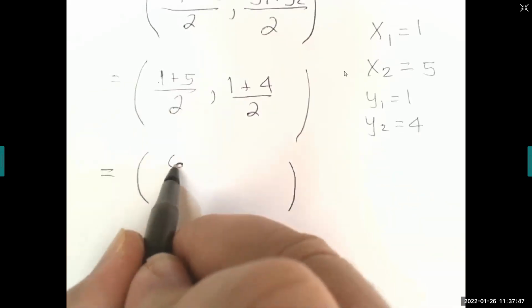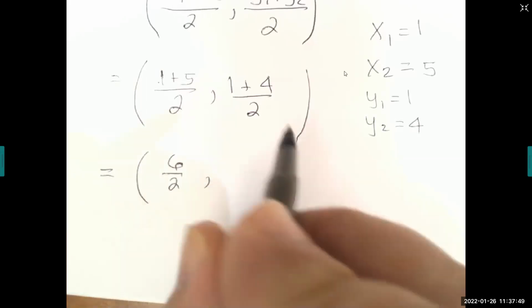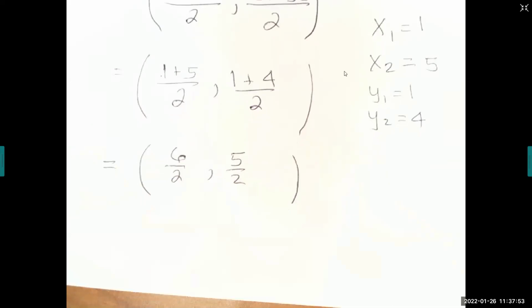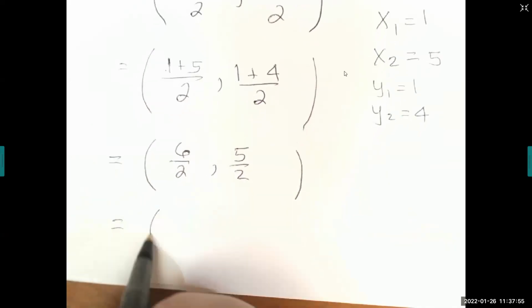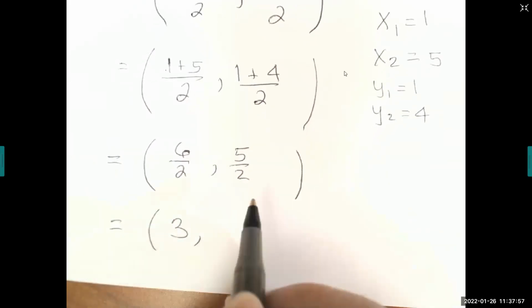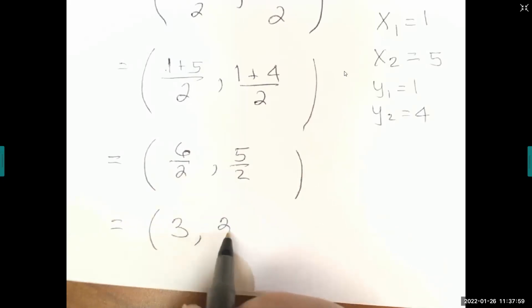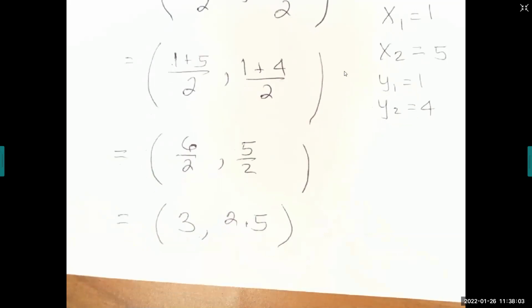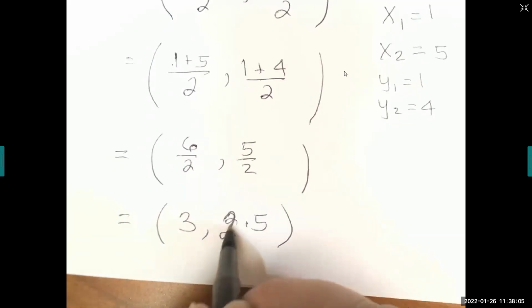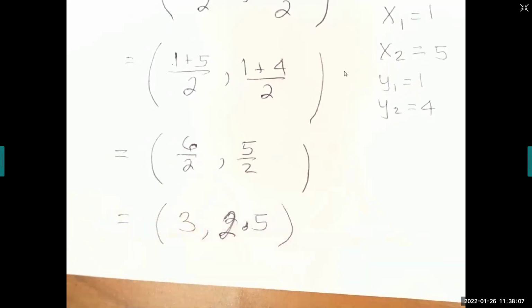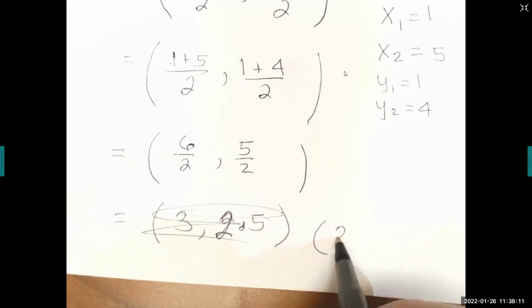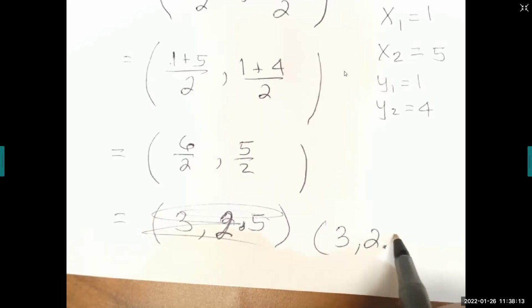One plus 5 is 6. 1 plus 4 is 5 divided by 2. Ooh, that was terrible. So the midpoint is at 3, 2.5.